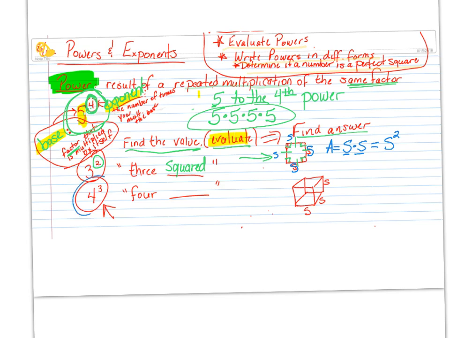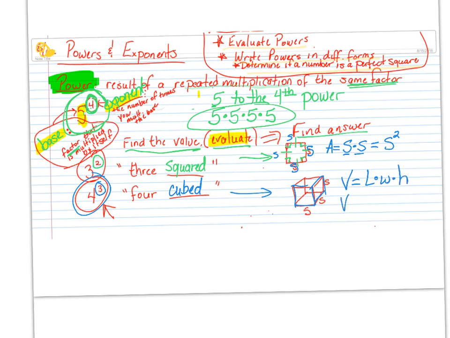Look at the next one. This one says 4 to the 3rd power, but that exponent of 3 is called cubed. We say it cubed. Well, it came from a cube. If you look at that cube, we know a cube is like a die. All the edges are the same. The faces are all squares. If I asked you to find the volume of that, the formula for volume is length times width times height, which is how much it holds.